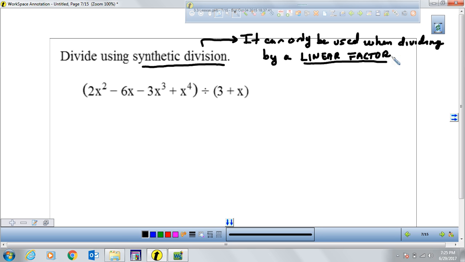This is mostly what we're going to be using the synthetic division for, when we're dividing by x to the first power. Okay, that is basically the key here.